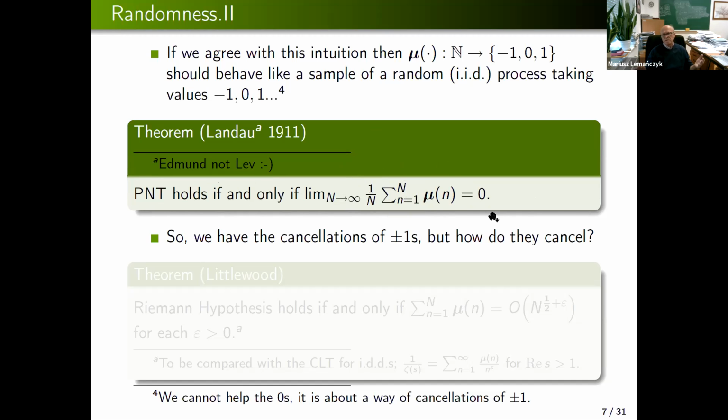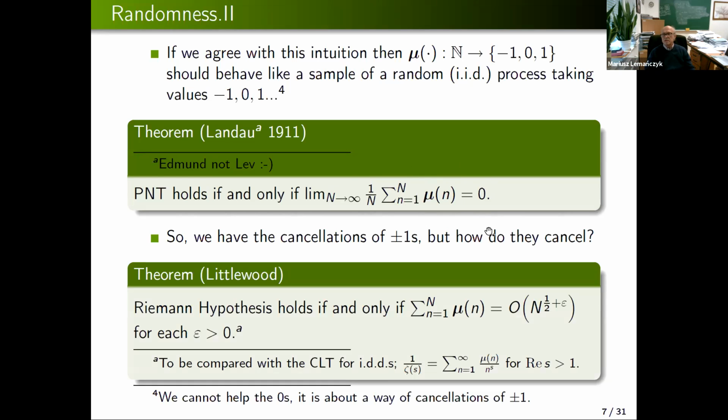The prime number theorem tells us that we have cancellations of +1s and -1s, but we don't know if the numbers of +1s and -1s are really equal or close to equal, or how close they are to being equal. And it turns out that if you start to dig a little bit more, you require more than just this simple fact.